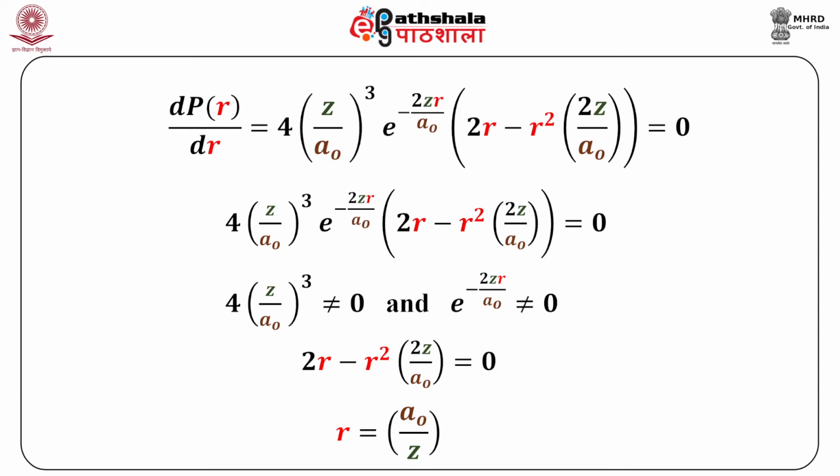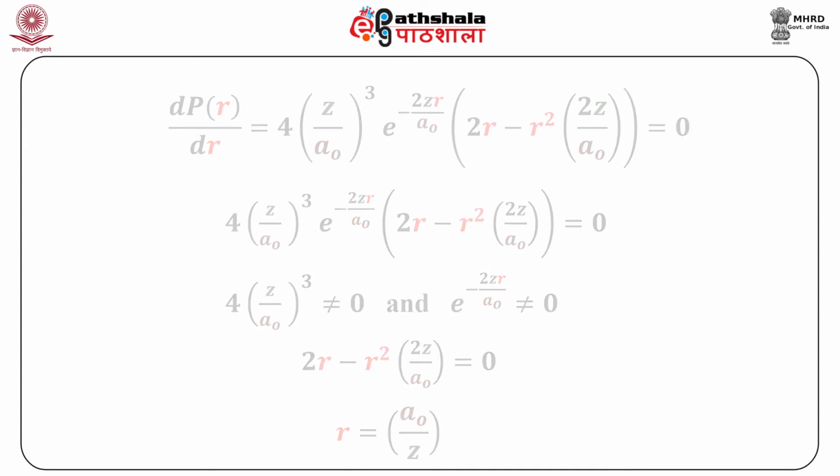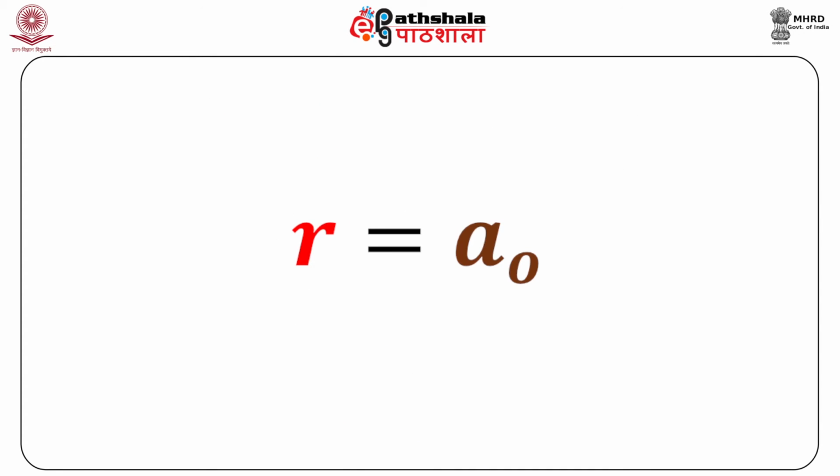And once we differentiate it and put it equal to 0, which is the condition for maxima, and then simplify this, we get r is equal to a0 by Z. Or in other words, for hydrogen atom, r will be equal to a0. This is very, very important.